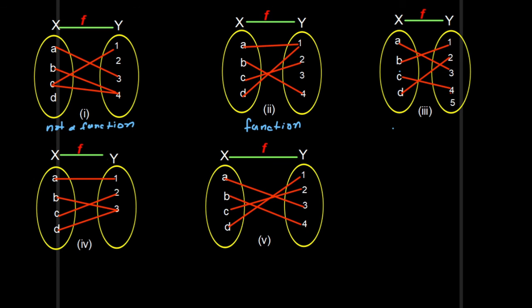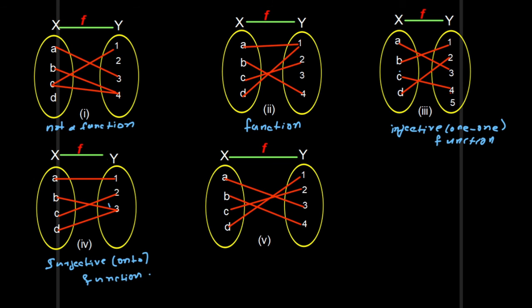So this is injective, or one-one function. Then in this fourth case, every element of y has a pre-image. Therefore this one is a surjective function, surjective or onto function.